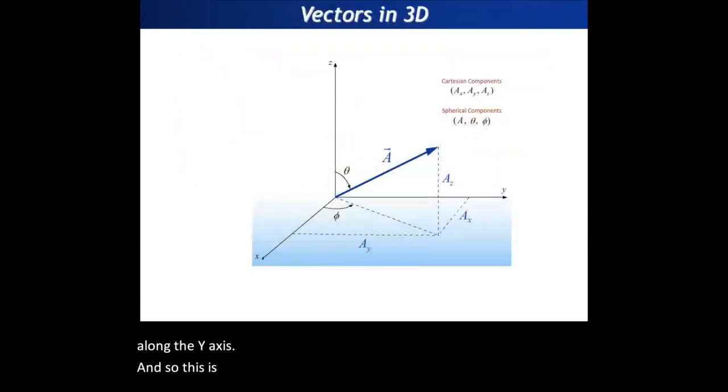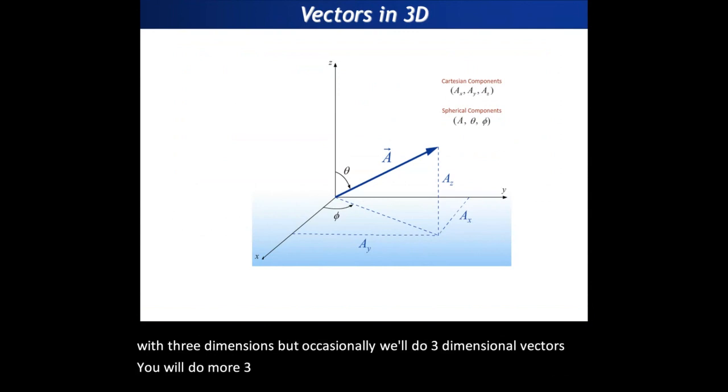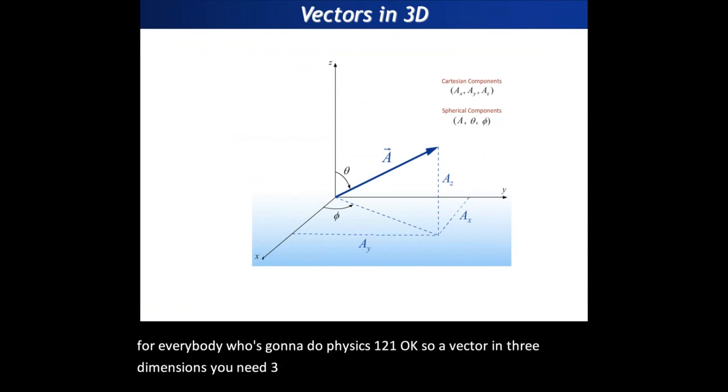And so this is what it looks like in 3 dimensions. We won't do a lot with 3 dimensions, but occasionally we'll do 3-dimensional vectors. You will do more 3-dimensional vectors in Physics 121, just to be warned for everybody who's going to do Physics 121. A vector in 3 dimensions needs 3 things to specify it.